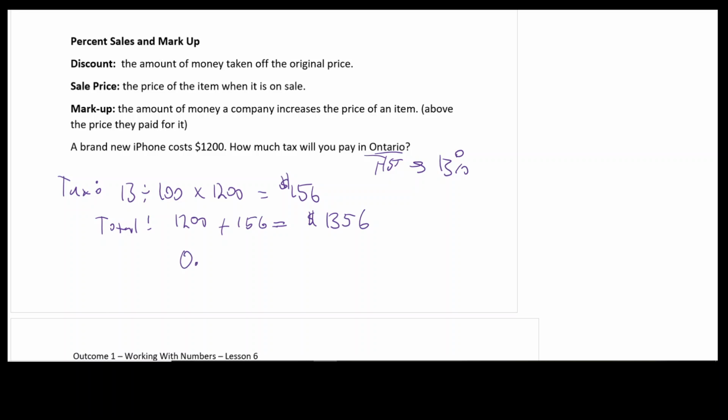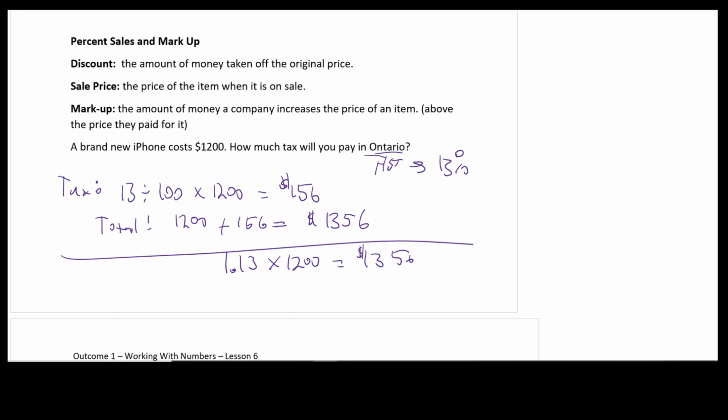Again, often people can turn it to a decimal in their head, so 13% is 0.13, so you could do that and also get the 156. Doesn't matter how you do it. The other thing, lots of people know this shortcut. If you do 1.13 times 1200, that will tell you the 1356 all in one go.